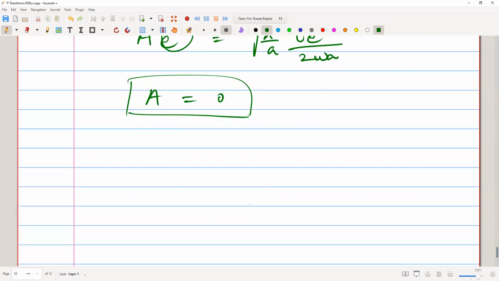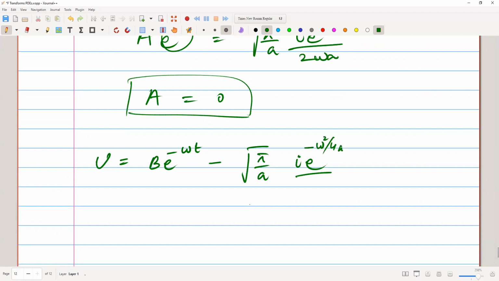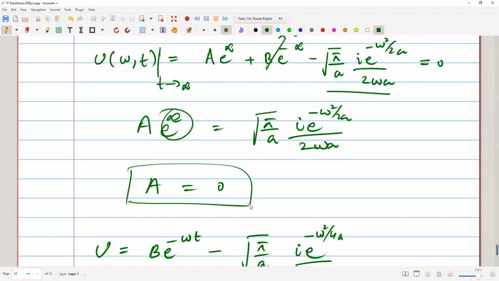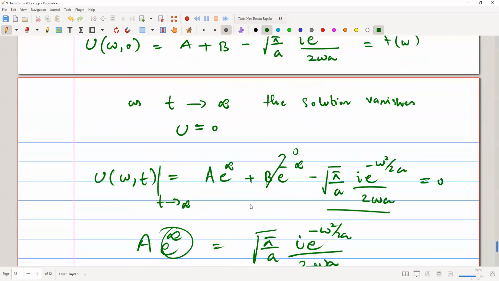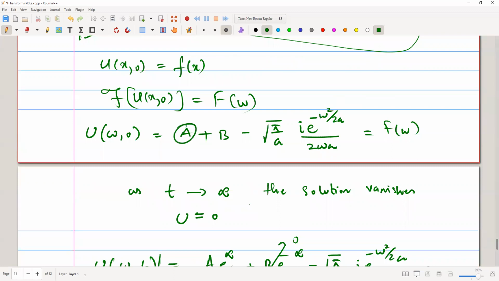So a equals 0 means now the solution I have is only b e to the power negative omega t minus square root pi over a iota e to the power negative omega squared over 4a divided by 2 omega a. And similarly, now I can use this a equals 0 here. So a is 0.